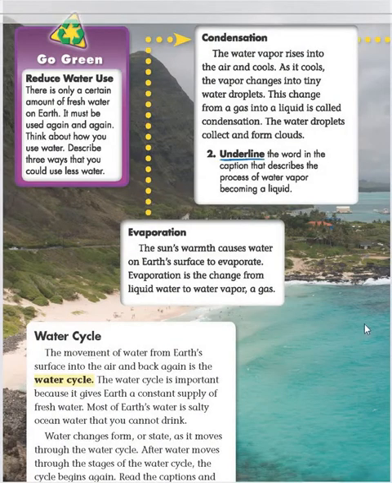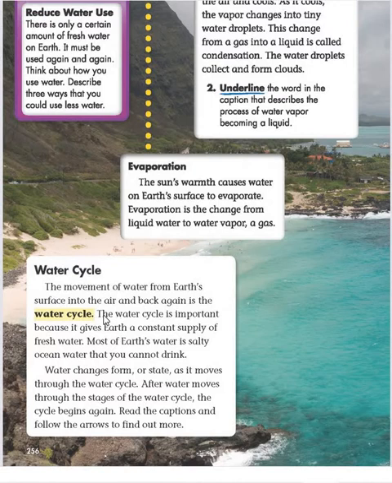The water cycle is the movement of water from Earth's surface into the air and back again. It's very important because it keeps the existence of water on Earth. This is about lesson 1 in chapter 6.